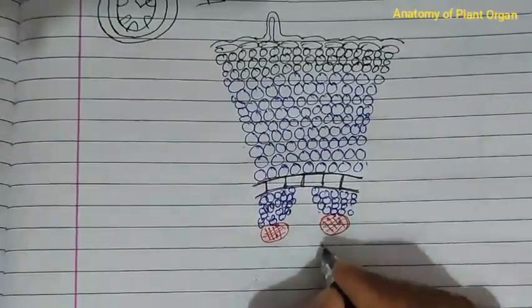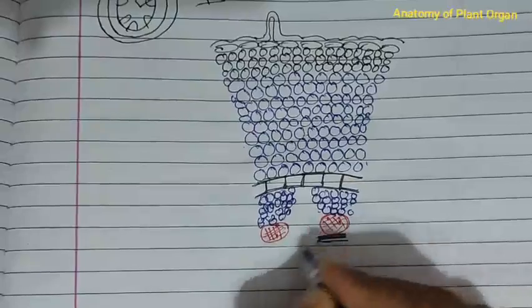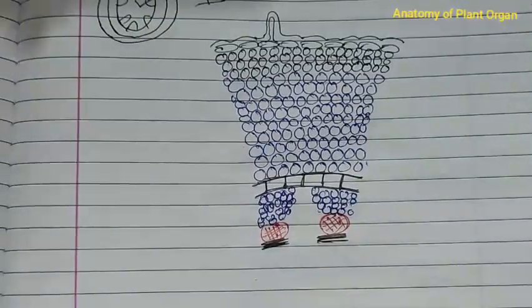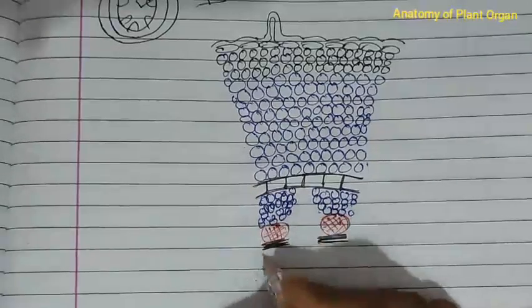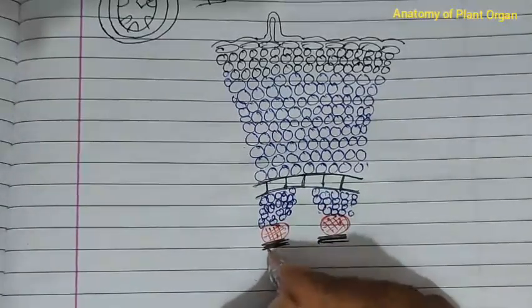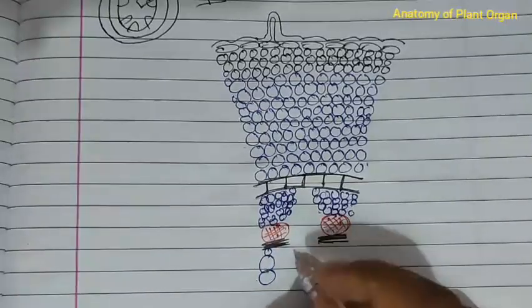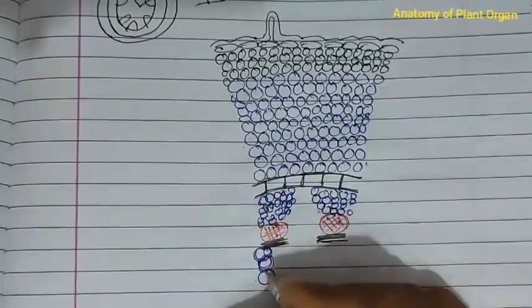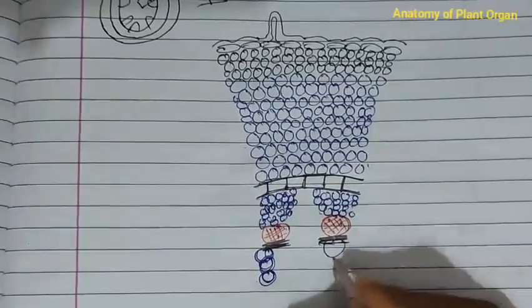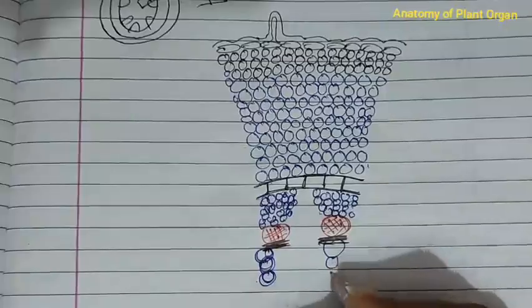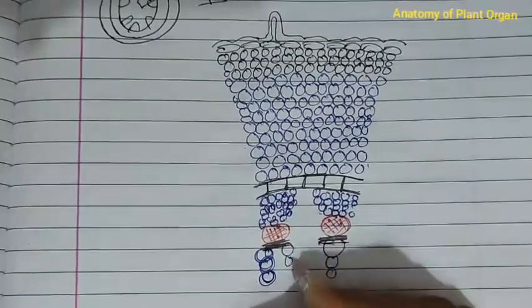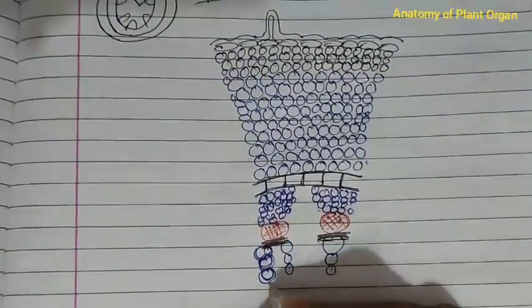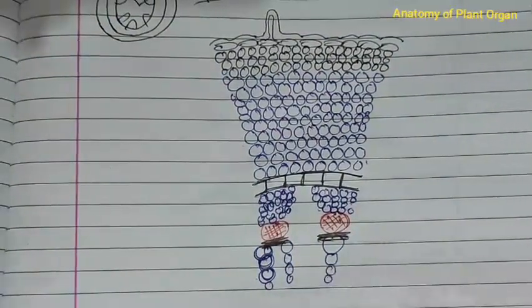Inner to phloem you will find a cambium, that is the cork cambium, and inner to cambium we find an endarch arrangement of this xylem.